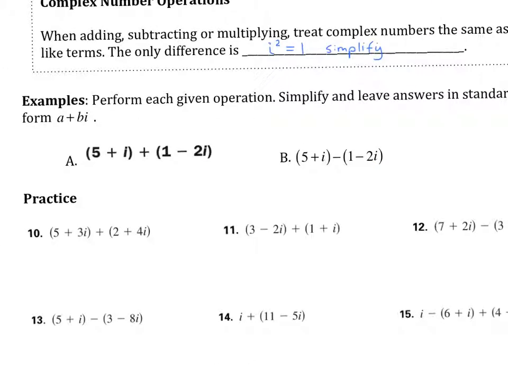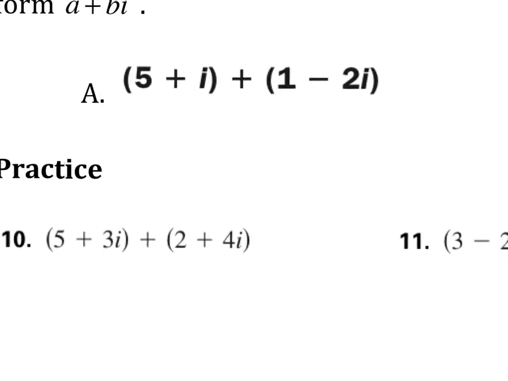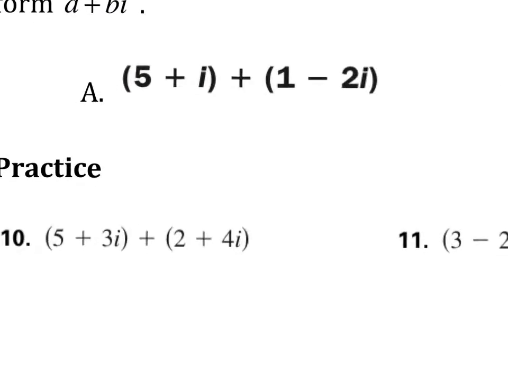All right, in our first example, our instructions say that we're going to perform each operation. So we just look pretty much in the middle there to figure out what we're doing. And we're going to leave our answers in standard form, which is always a plus bi. So looking at a, we're going to combine my like terms. Again, the 5 and the 1 are my like terms, so simply 6.